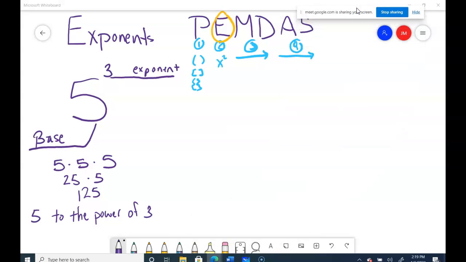What you're going to need to know is that when 2 and 3 are the exponents, there are special words that we use. This is 5 cubed, and cubed just means that your exponent is a 3.